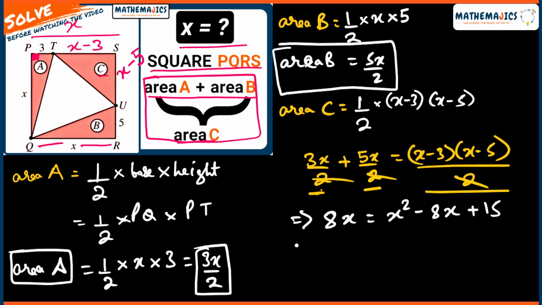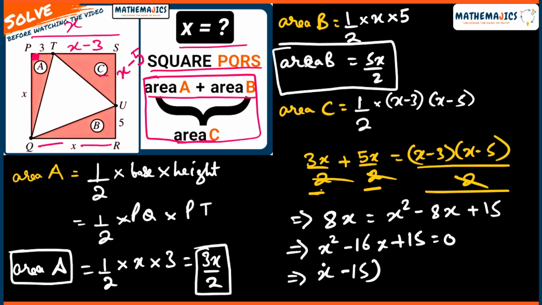Simplifying further, we get x square minus 16x plus 15 equals 0. Now we will go for middle term splitting. We will get (x minus 15)(x minus 1) equals 0. Now from here we can get two values of x.